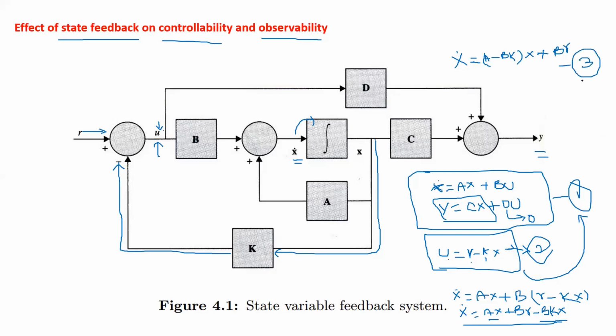Now compare equation 1 and 3. What is the change? In equation 1, X dot is equal to AX plus BU.